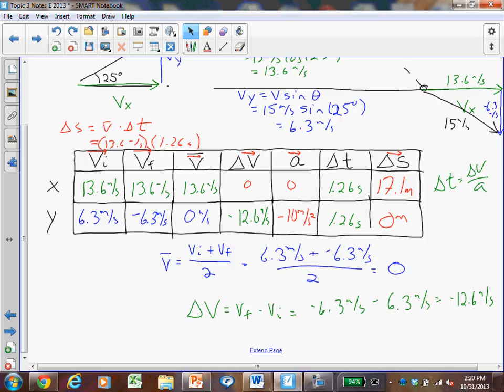All right, I just want to look at some motion as it travels, okay? As the projectile travels.